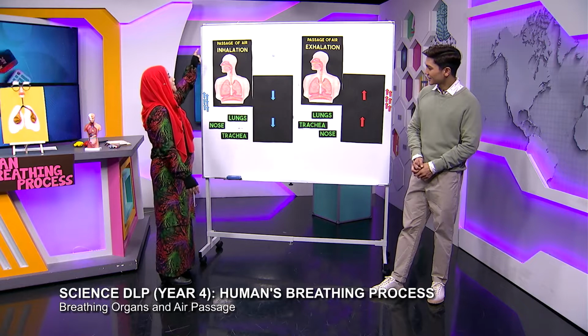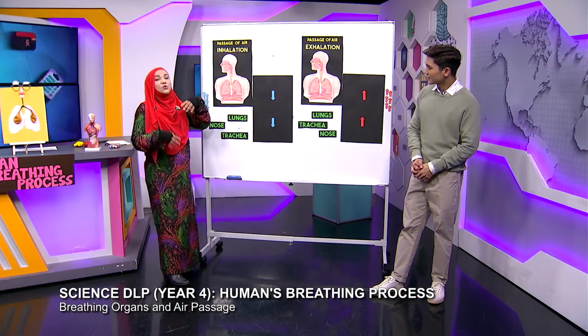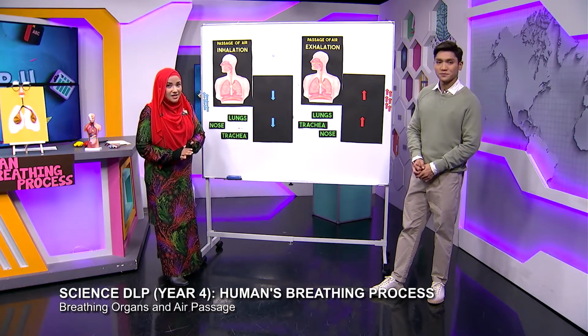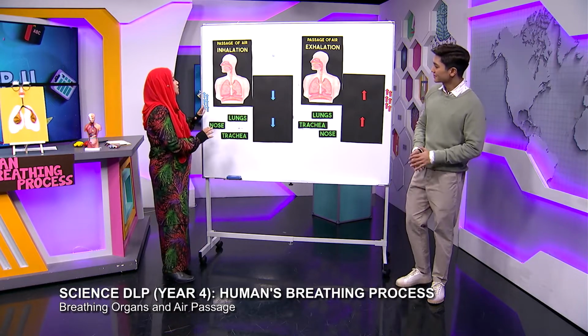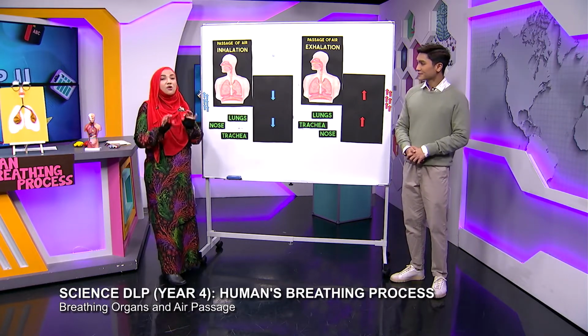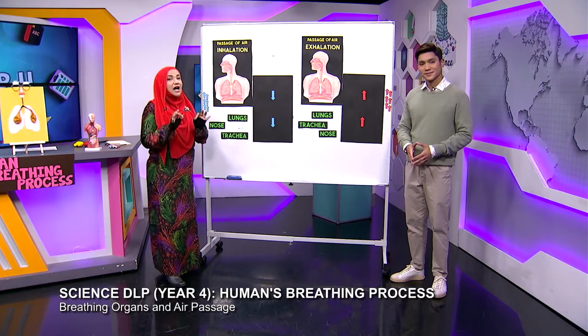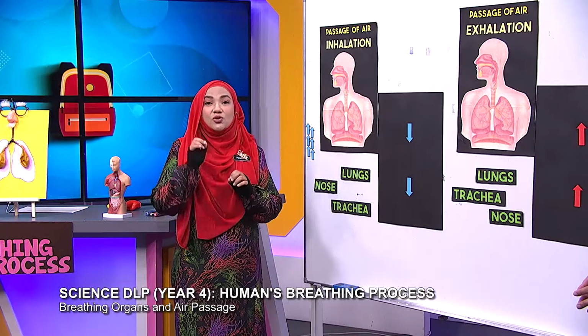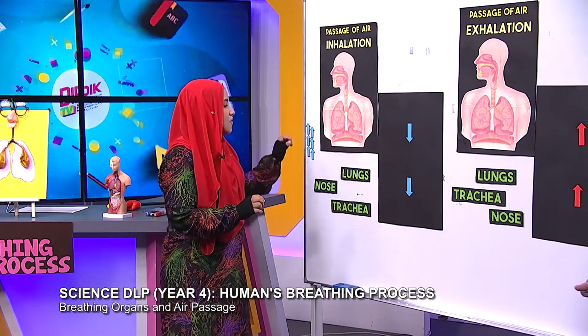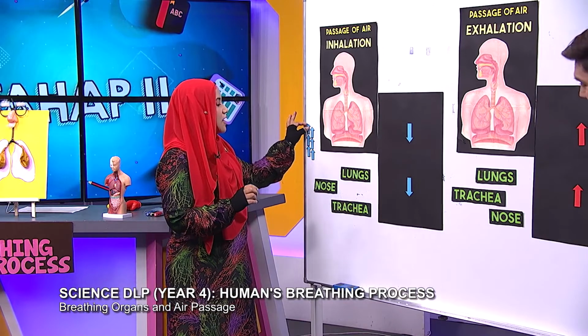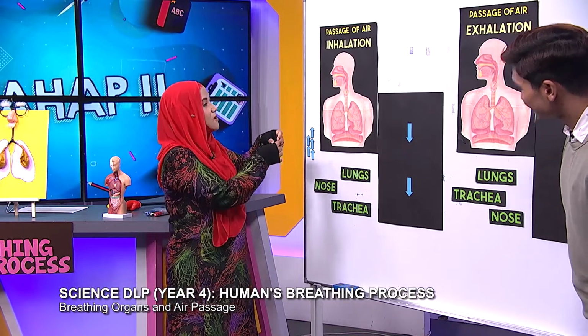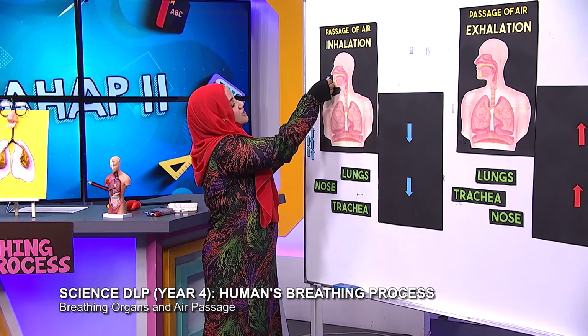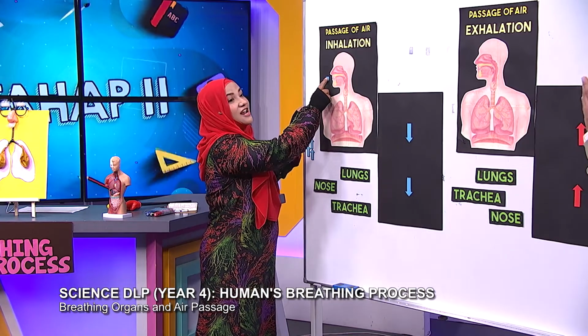The passage of air during inhalation. So what I'm going to do now is to paste some arrows to show how the air moves during inhalation. We start with when Abang Hanif breathed in just now, the air comes into the nose.